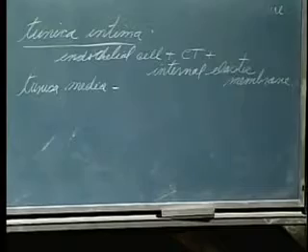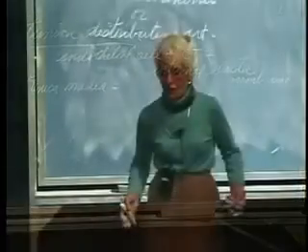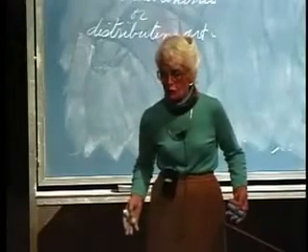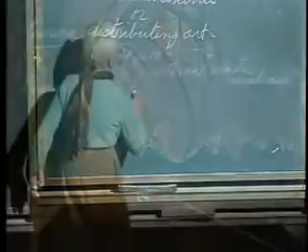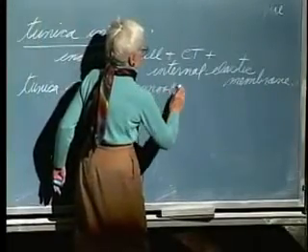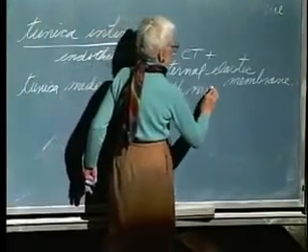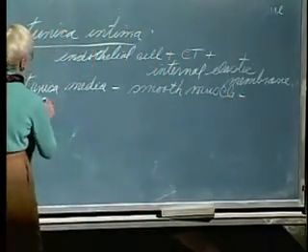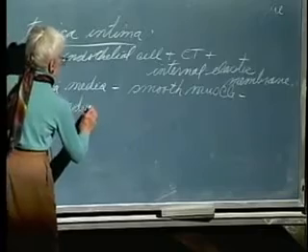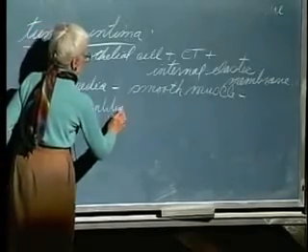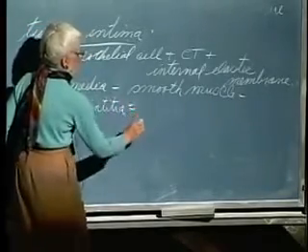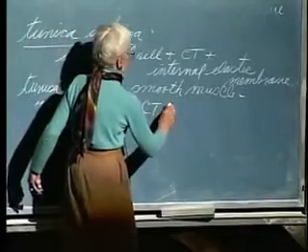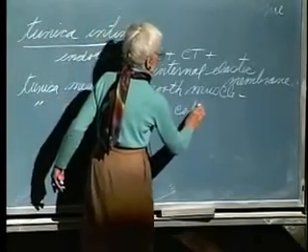Tunica media. Since these are muscular arteries, we're going to find the whole media filled with smooth muscle. And then the tunica adventitia will be connective tissue, collagenous fibers.